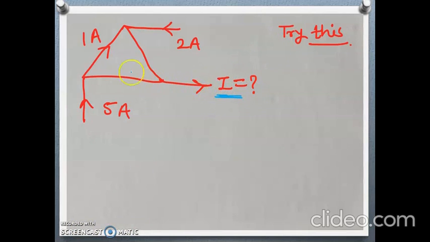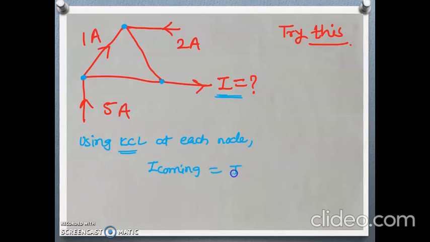Observe here, there are three nodes. This one is a node, this one also a node, and this one also a node. So using KCL at each node, we know that KCL says the total incoming currents are equal to the total outgoing currents.